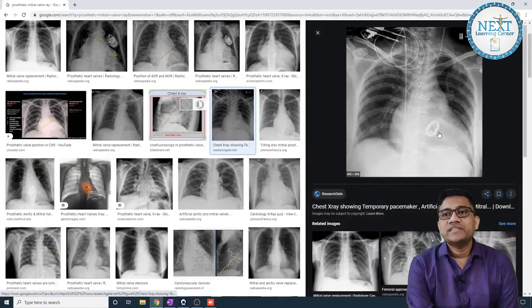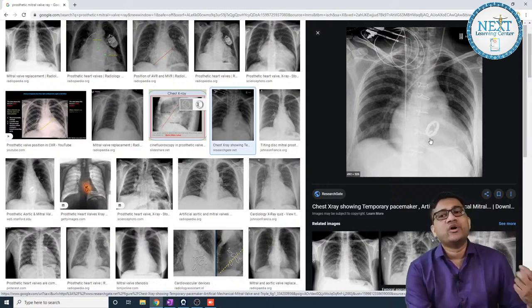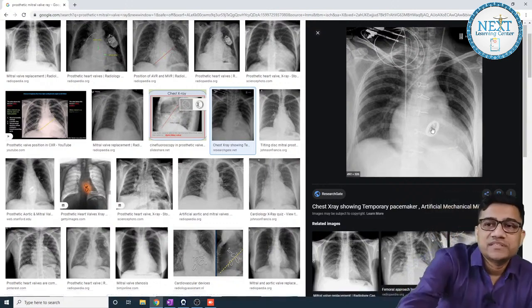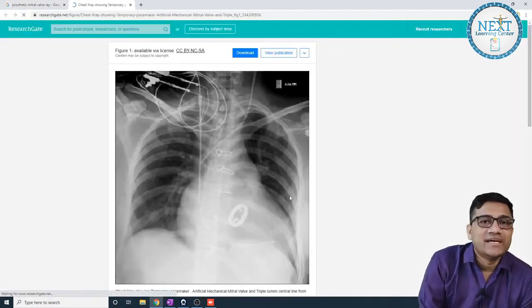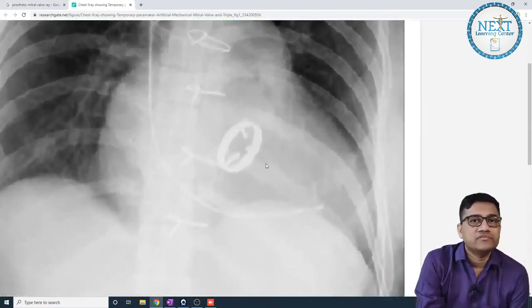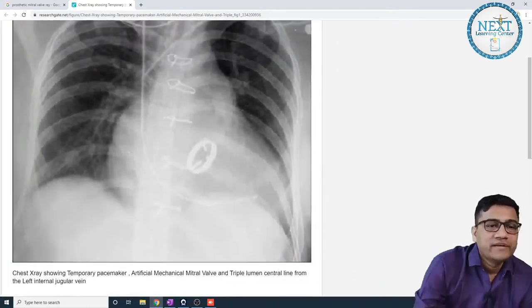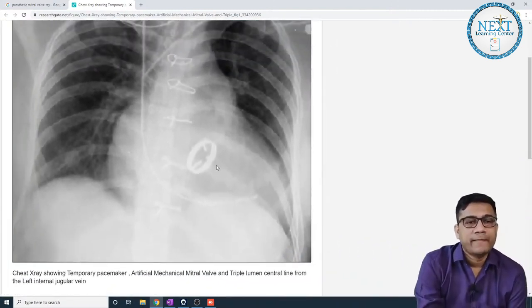Can you see this ring? This ring is the location of what? Obviously it is on the left side, so it cannot be the tricuspid. Second, you know that the aortic and the pulmonary valves are slightly higher up. So this is a prosthetic mitral valve. Are you clear?